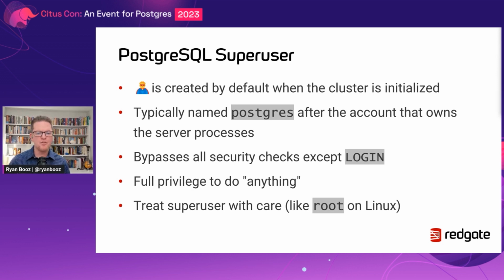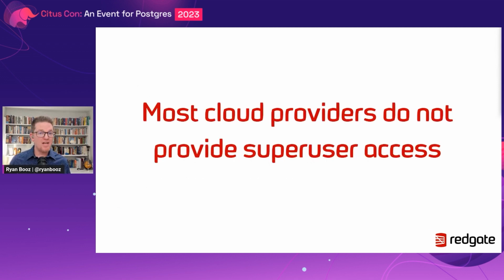You need to really treat the super user like you would a root user, say on Linux or something to that effect. Most cloud providers, for that reason, will not provide you super user access. So if you spin up a new instance of a running process in Azure or Amazon, you will not get a super user role most of the time, unless it's a contained running VM or instance in that case.